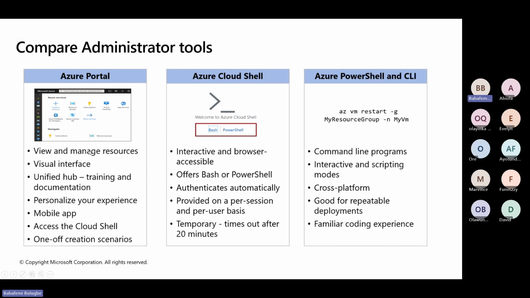Then we move ahead to the Cloud Shell, which is browser based. It offers you Bash and PowerShell, and it works the same way as the Azure PowerShell and CLI, which you might need to download on your system.